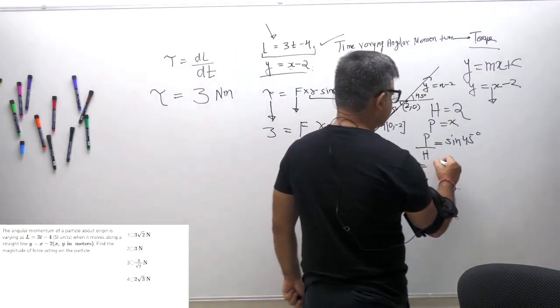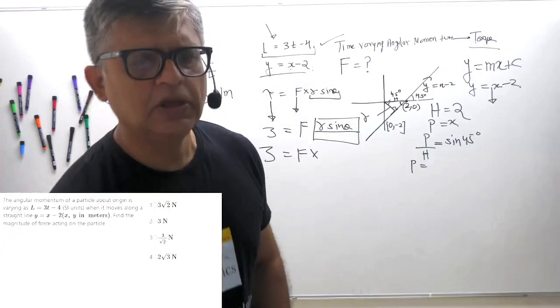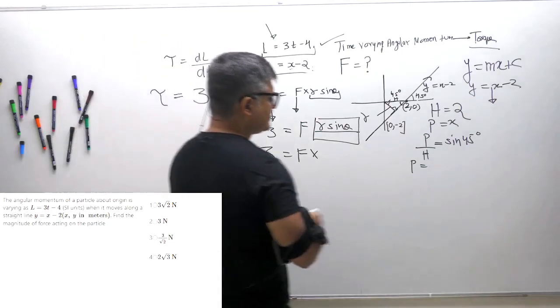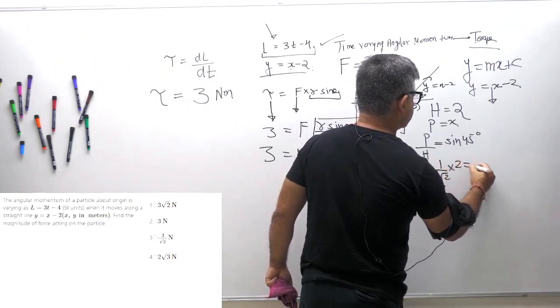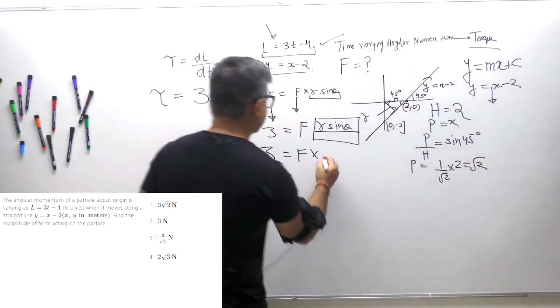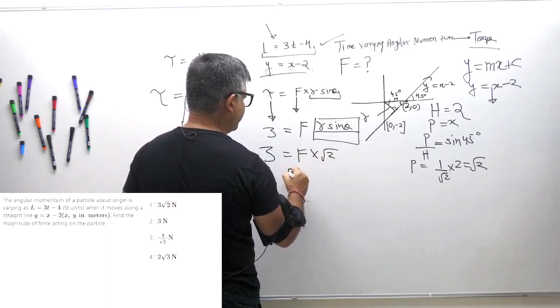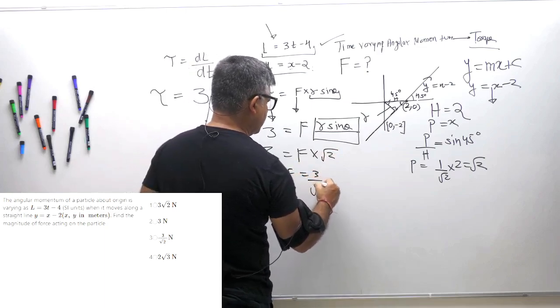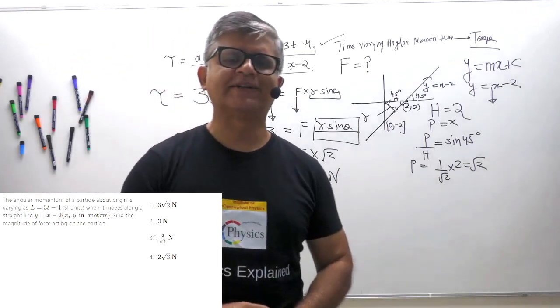So the perpendicular is equal to 2 into 1 by root 2, which is root 2. Let's substitute here. So this is root 2, and therefore F is equal to 3 by root 2 newtons. You can see one of the choices is 3 by root 2, and that is the correct choice.